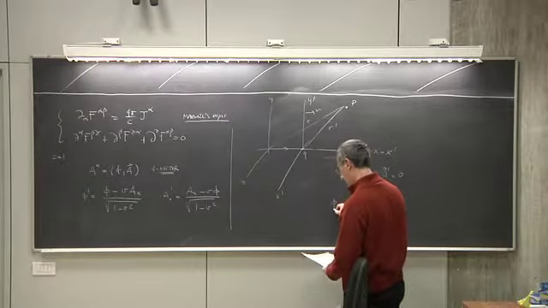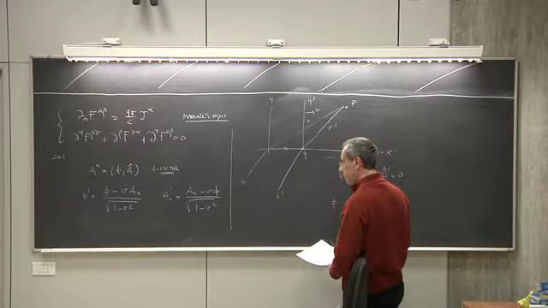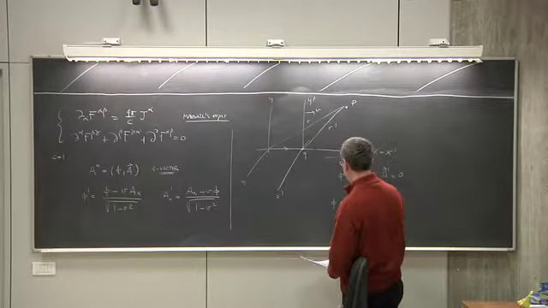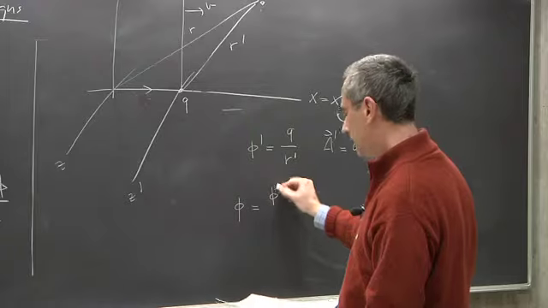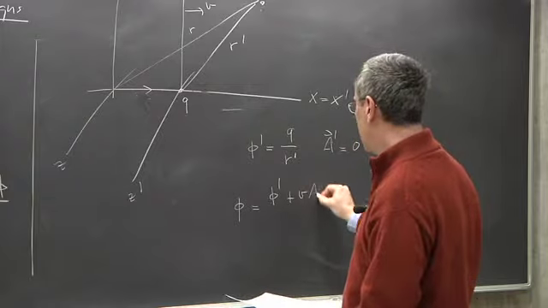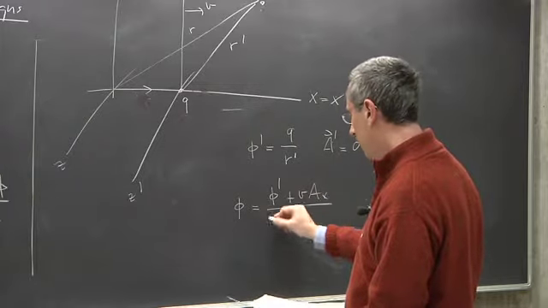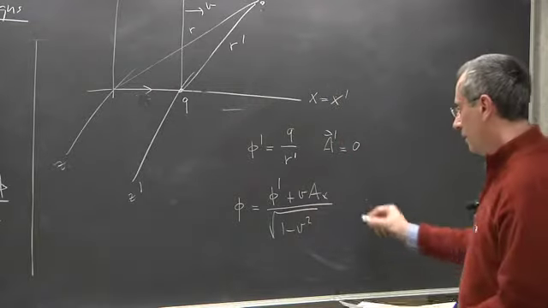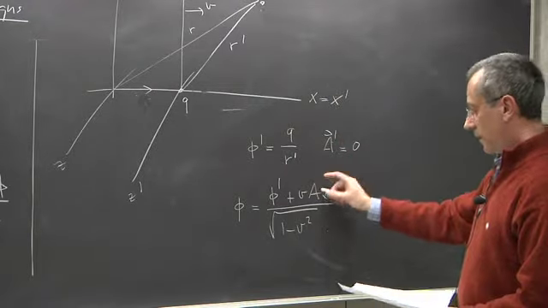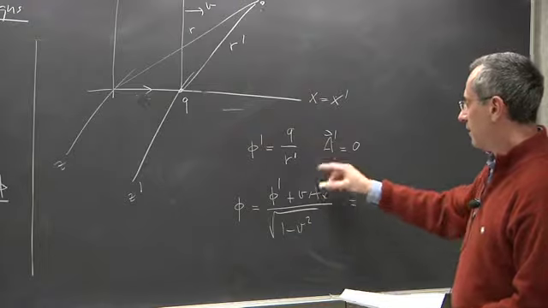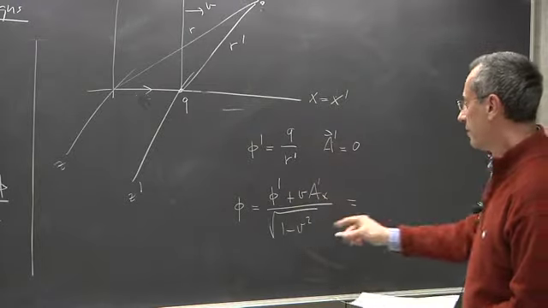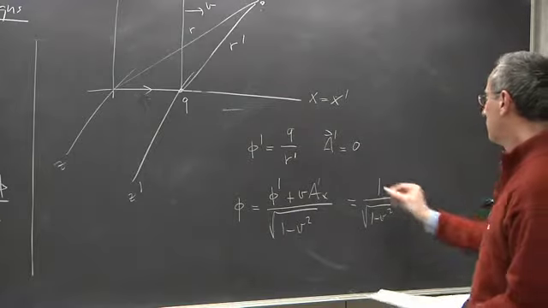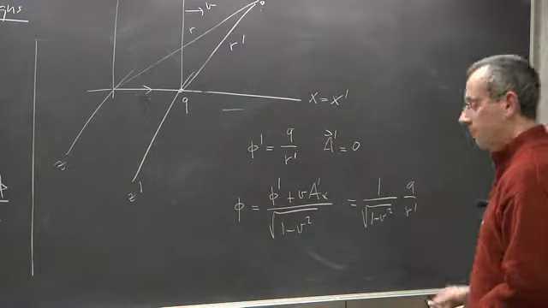So phi is going to be phi prime plus v A_x prime, and then you have this gamma factor. But A_x prime is 0, right? So it's just 1 minus v squared, times q over r prime.